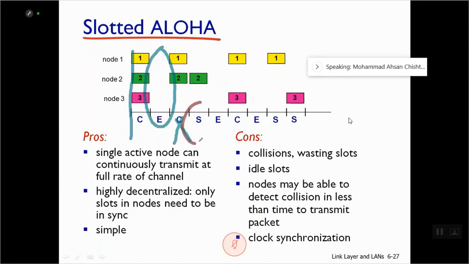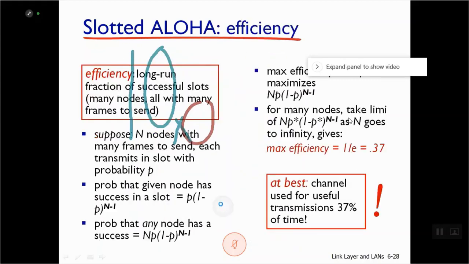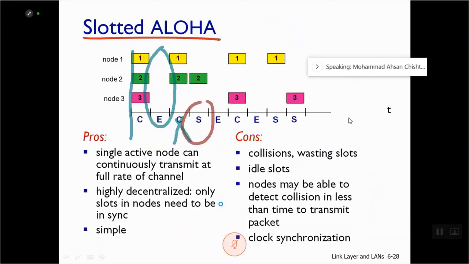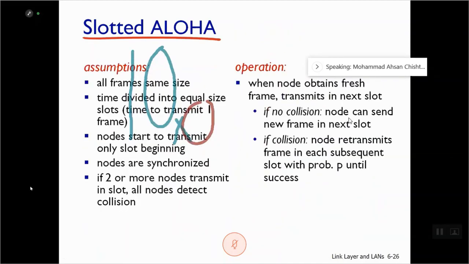And in that case, we have a successful slot given by S. That is how it goes on. There will be collisions, there will be empty slots, there will be successful slots. Accordingly, we would have some disadvantages and advantages.